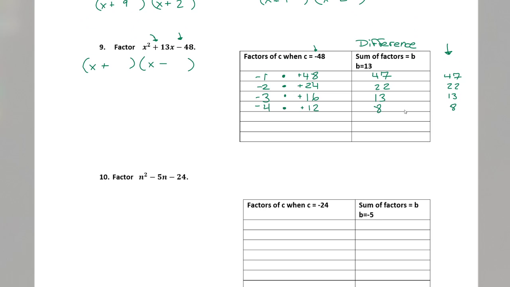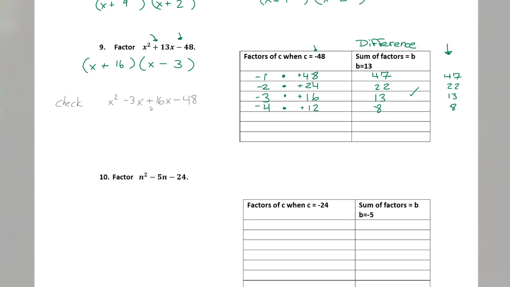So this matches up. So our factors are positive 16 and negative 3. To check, we're going to multiply: x times x is x squared, x times negative 3 is negative 3x, 16 times x is positive 16x, 16 times negative 3 is negative 48.